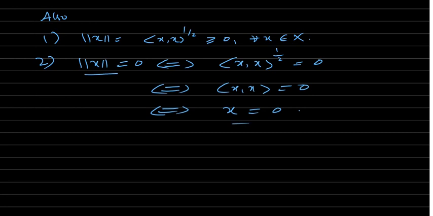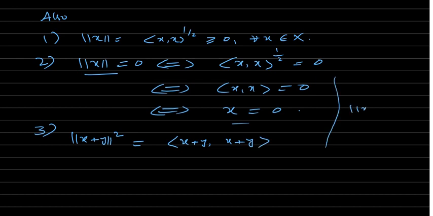Third, the triangle inequality. Let's check that norm of x plus y should be less or equal to norm x plus norm y. Okay, so let's find out. First let's take the square of this. By definition, what's norm of x plus y?